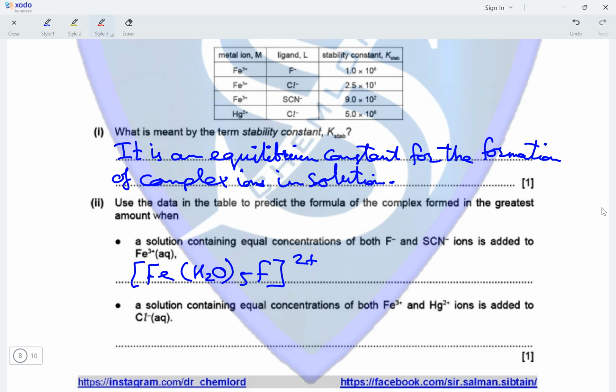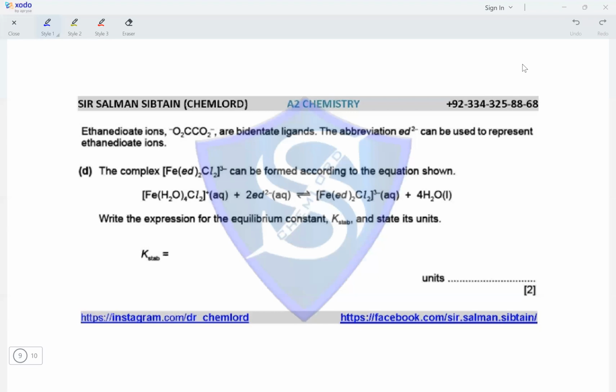Therefore, we end up with the complex ion Hg(H2O)5Cl. So Hg has a charge of plus 2 and Cl has a charge of minus 1. So overall charge of the complex would be positive 1.